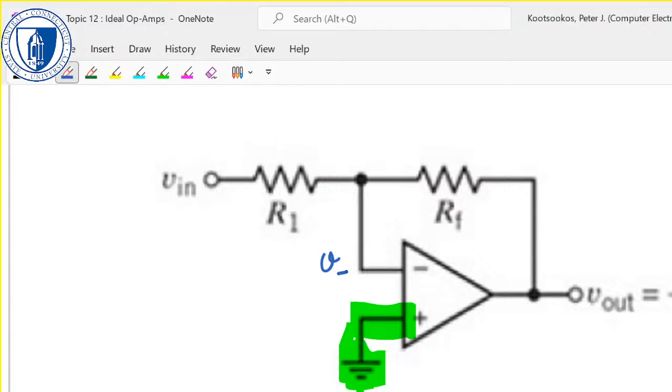So if the voltage on the non-inverting input, the plus input, is zero, which is what that ground means, earth means, that means that the voltage on the inverting input is also zero.